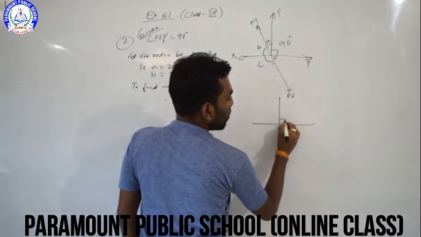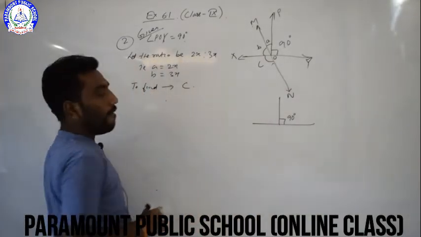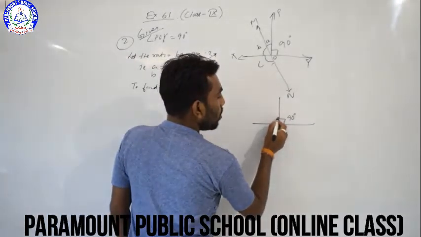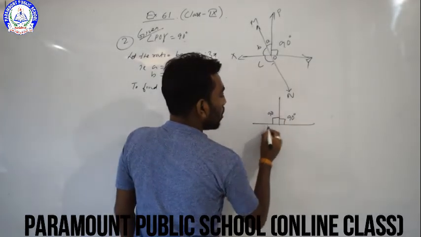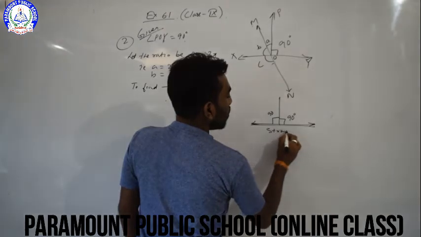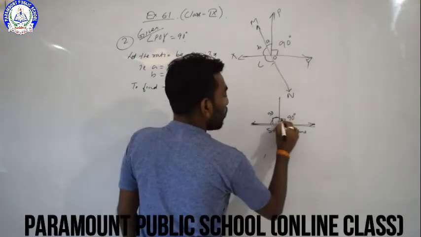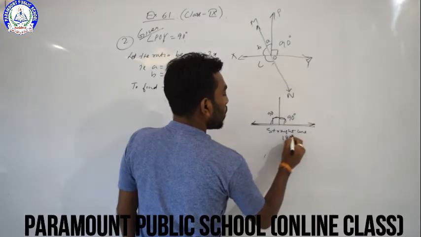Now let us go again. We have seen that this angle is 90 degree. Is it correct? So what we can conclude? This is also 90 degree because this is a straight line, and sum of the angle is equal to 180 degree.